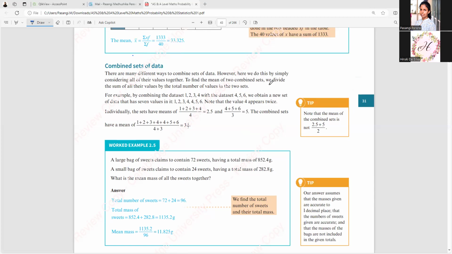However, here we do this by simply considering all of their values together to find the mean of two combined sets.